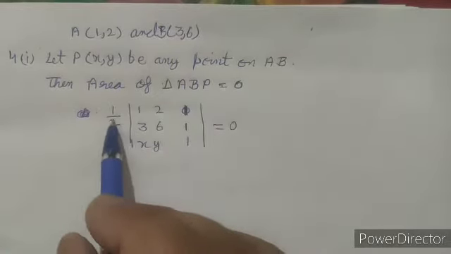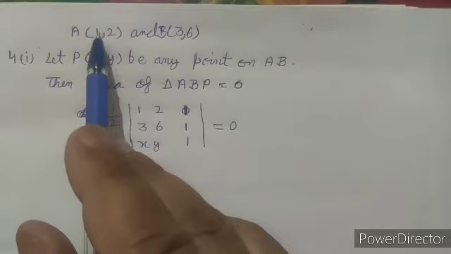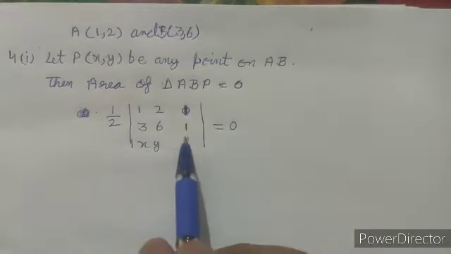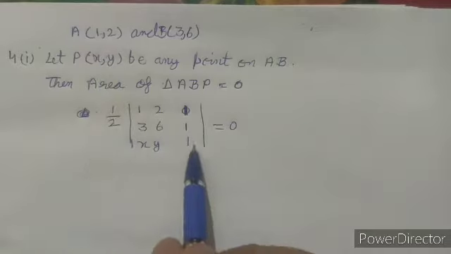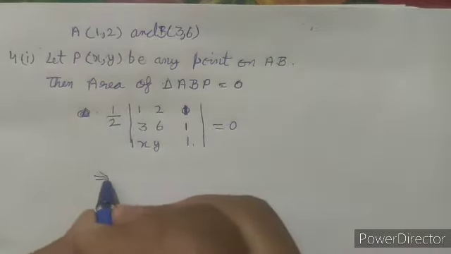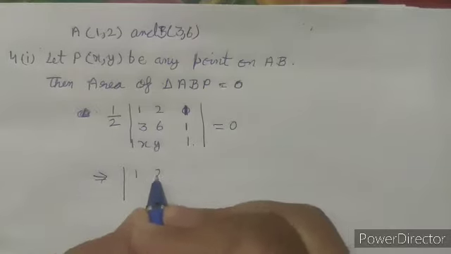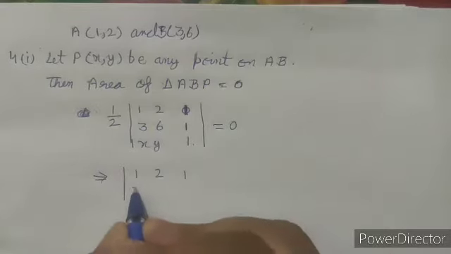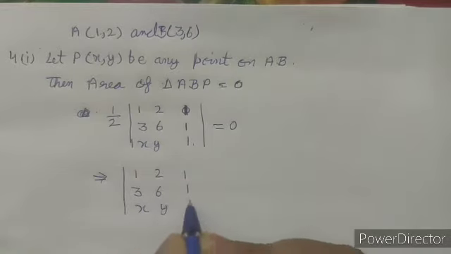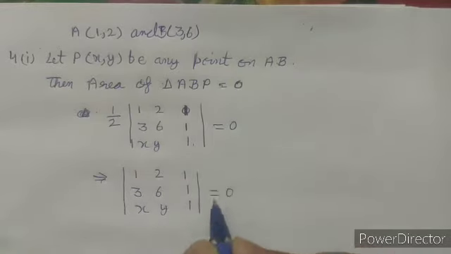That means half into the determinant of (1, 2, 1), (3, 6, 1) and (x, y, 1) will be equal to 0, and this will give us the determinant of (1, 2, 1; 3, 6, 1; x, y, 1) equal to 0.